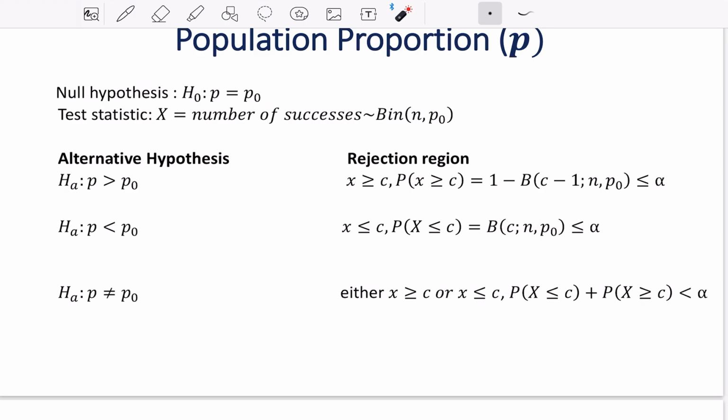So you have to find this value c such that this is true, where alpha is the one that you choose, so it'll be 5%, 10%. So you will go and look for the value of c that satisfies that. That will be your critical value.